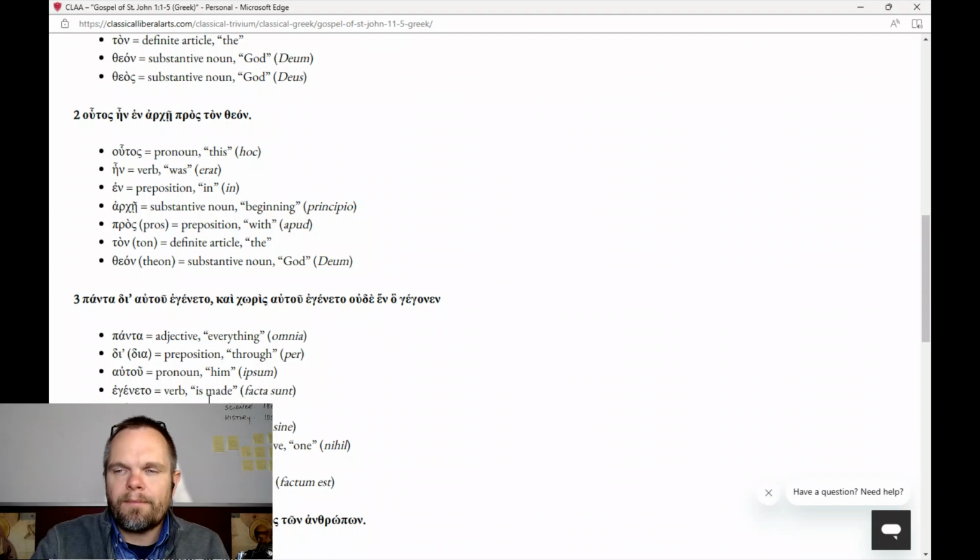is made. Now, you'll hear that I translated panta as all things, which is true, but when we look at this verb, egeneto, we can see that this is a singular verb. You can see that by the translation here, is made. So when we see egeneto, is made, it's better for us to translate panta as everything rather than all things, because everything is what we would call a collective noun or a collective adjective noun.